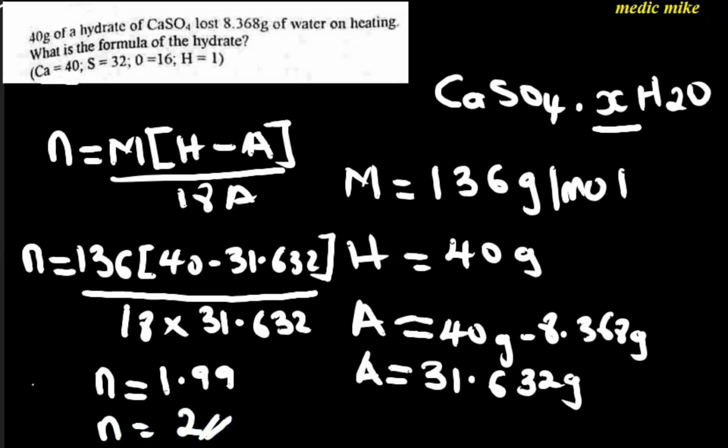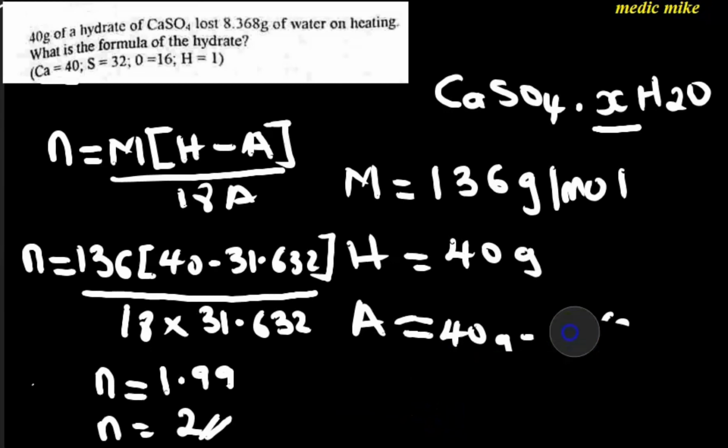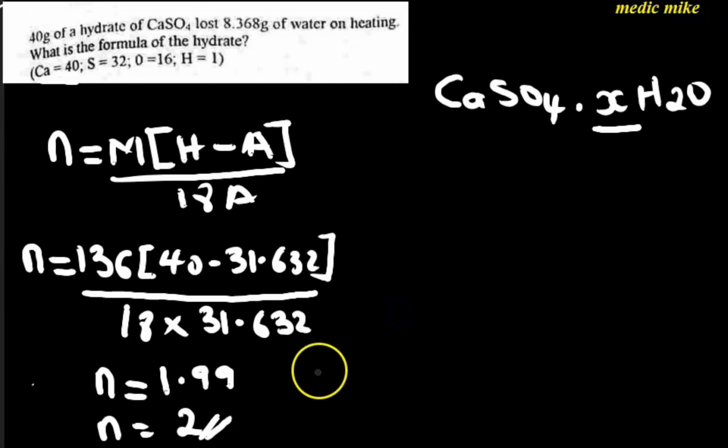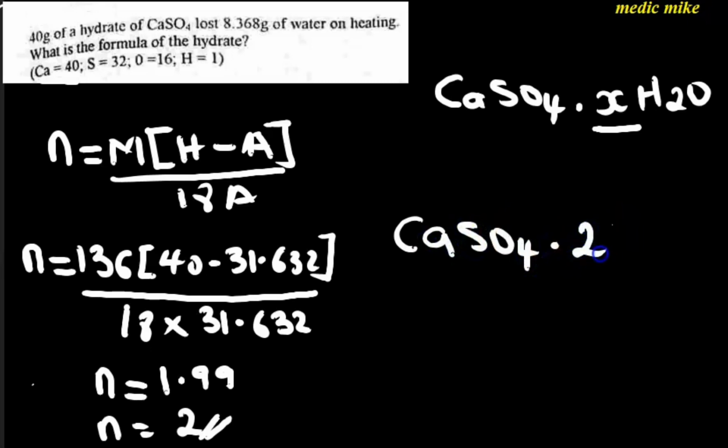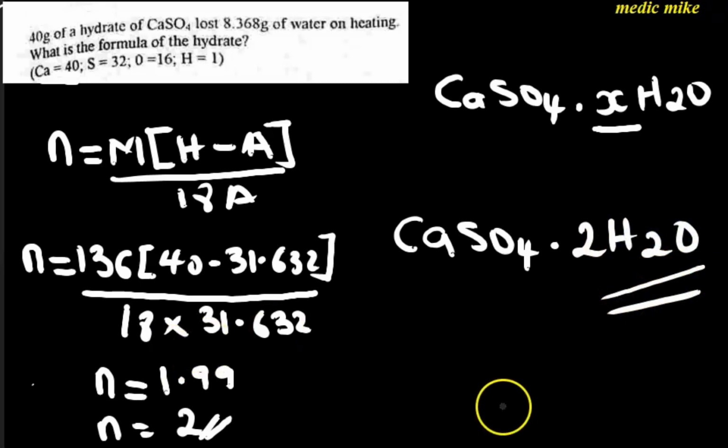Note that water of crystallization is always or most times equal to a whole number, or after calculating it will give you a value that you can easily approximate, like 1.99 is easily approximated to 2. So after this, we can say the formula of the hydrate to be calcium sulfate dot 2H2O. So this will be in the options and you have to easily pick your answer.